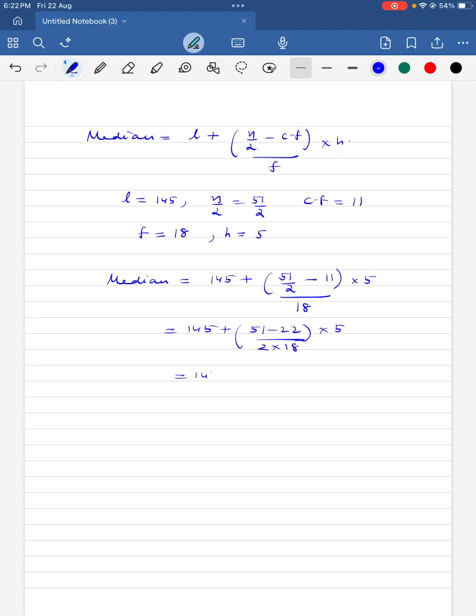So that's 145 plus 29 by 36 times 5, which is 145 plus, now 29 times 5 by 36 gives me 4.027. So that's equal to 149.027, which is approximately 149.03. So that will be the median, 149.03 centimeters.